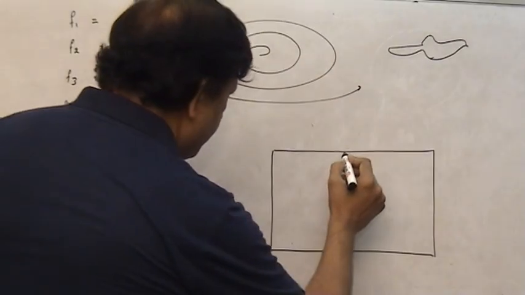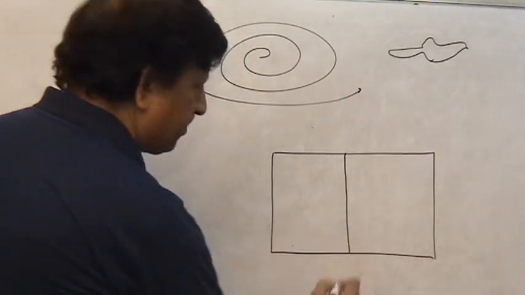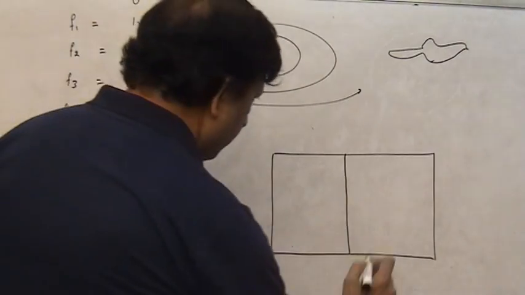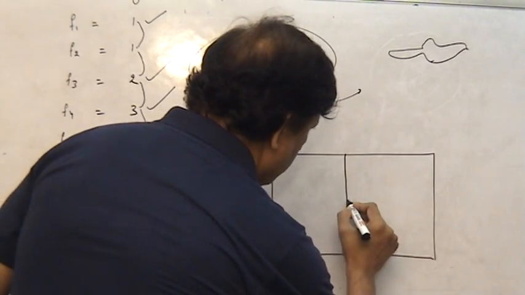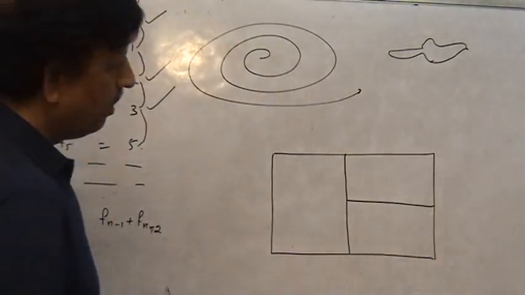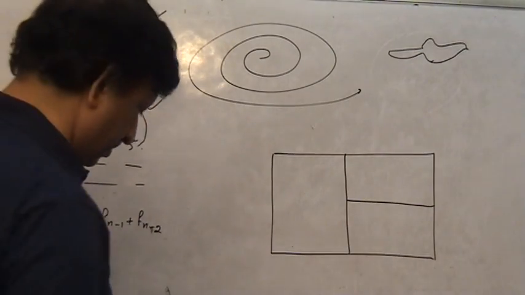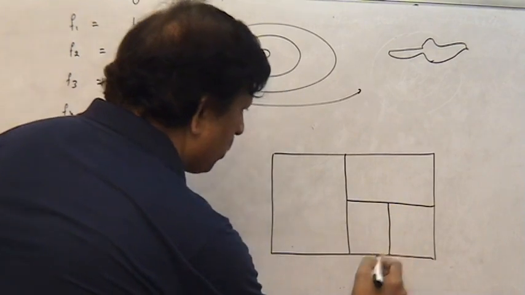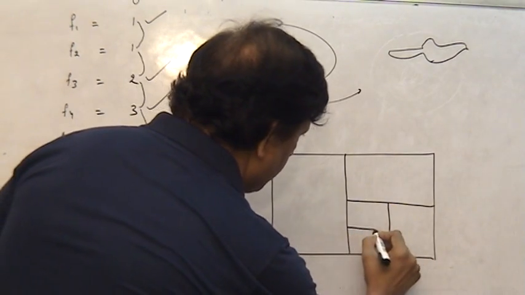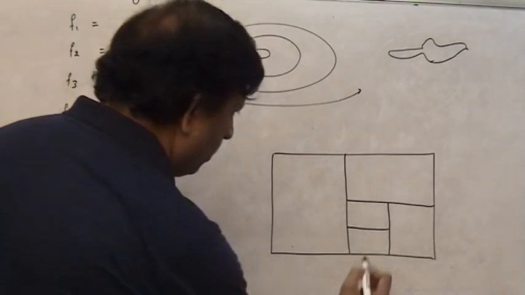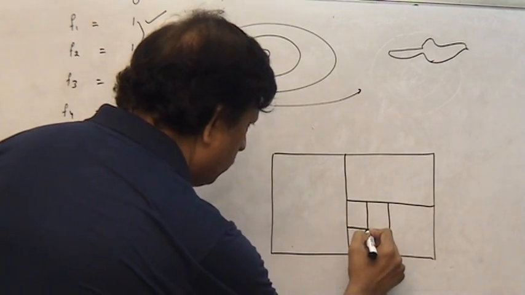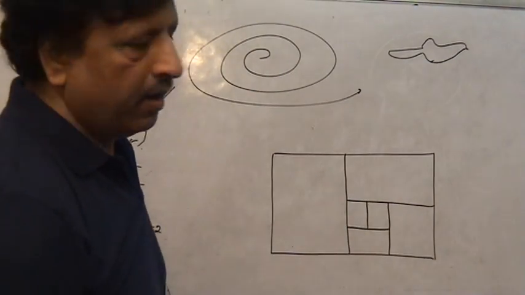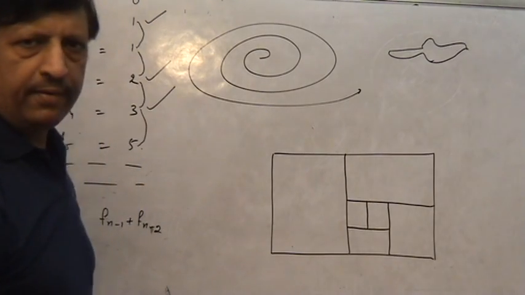First we divide it into two equal sections. Then this part again into two equal sections, and this part again into two equal sections, and again, and again. You can use the graph simply.